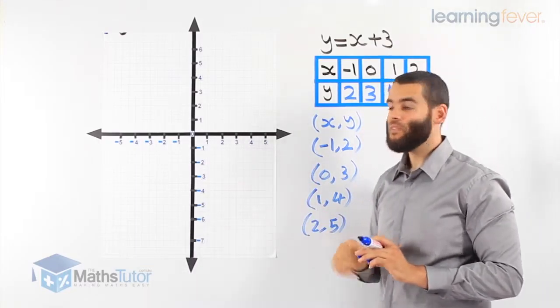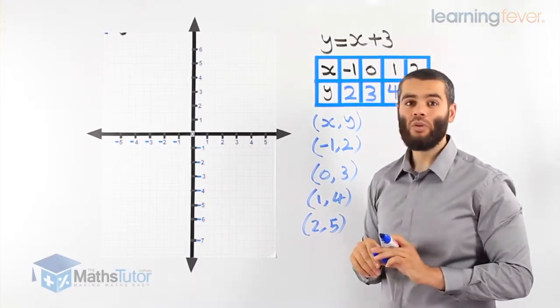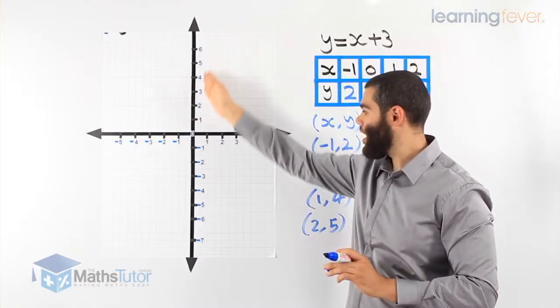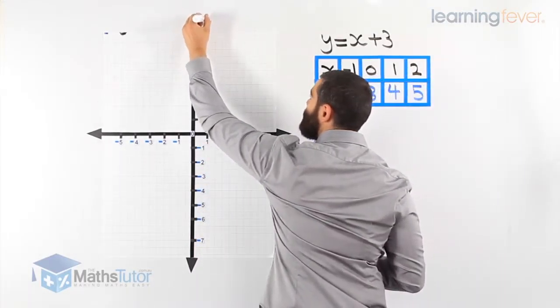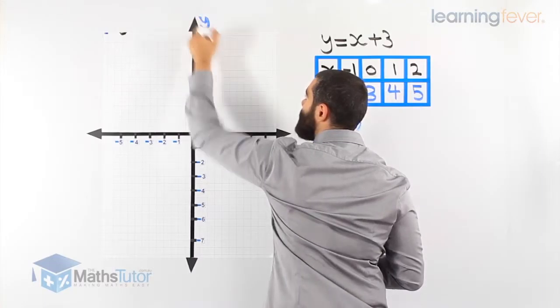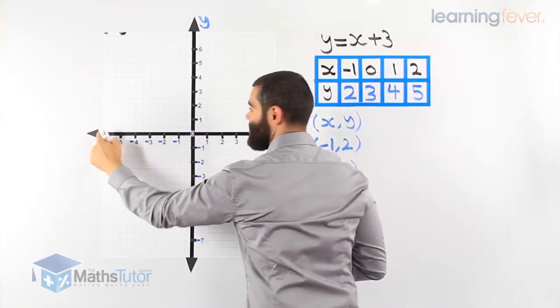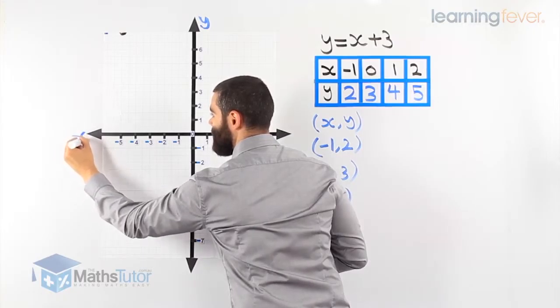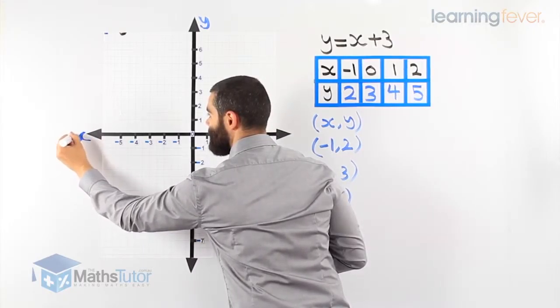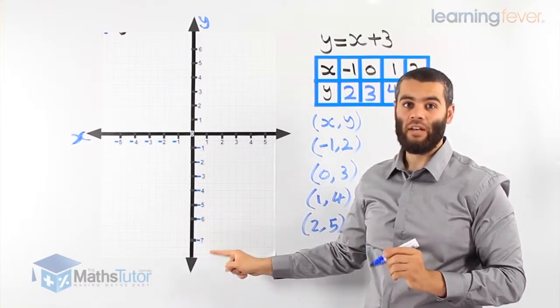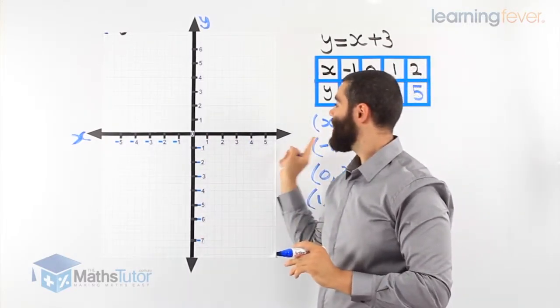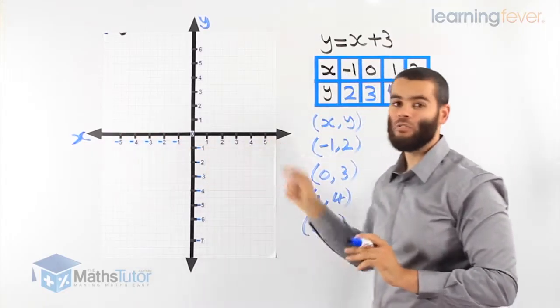Now the number plane, as you can see, has 2 axes. It has the y-axis, which we label with y, and the x-axis, which we label with x. The y-axis is always the vertical one, very important, and the x-axis is the horizontal one.